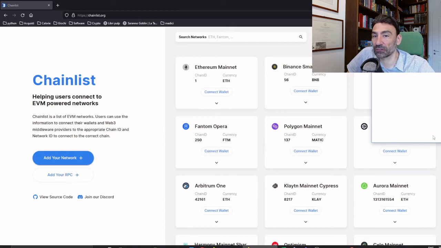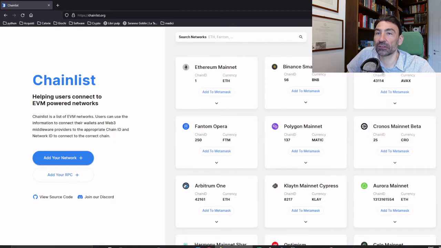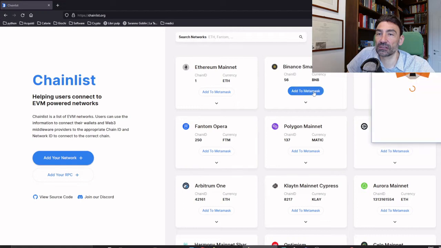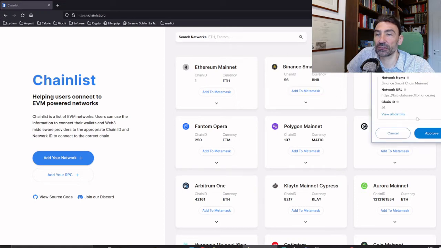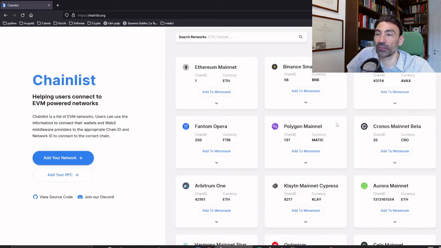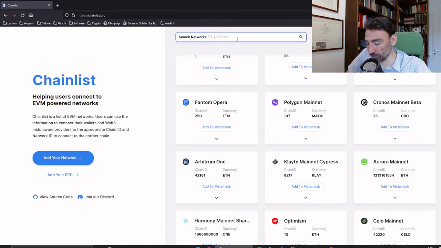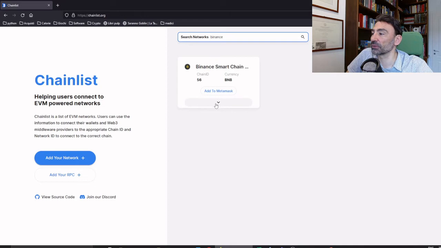Next. Disconnect. Okay, and now I can add to MetaMask. And you can see it adds Binance Smart Chain mainnet. Let's see if I can add also the Binance test network. Oh no, there is only mainnet.